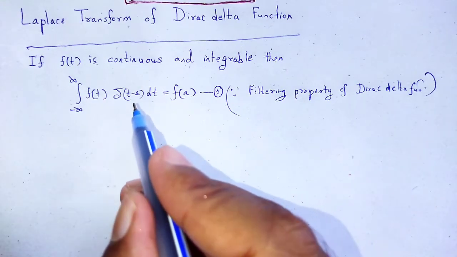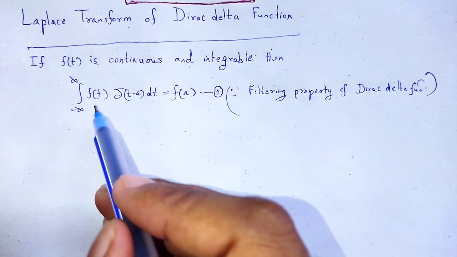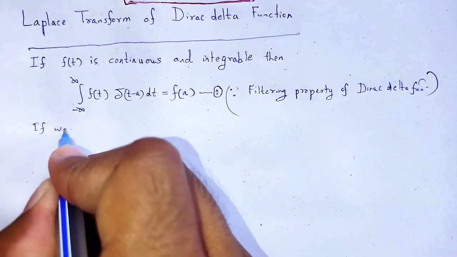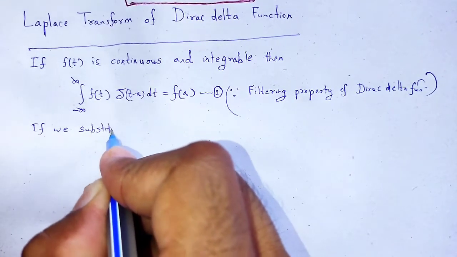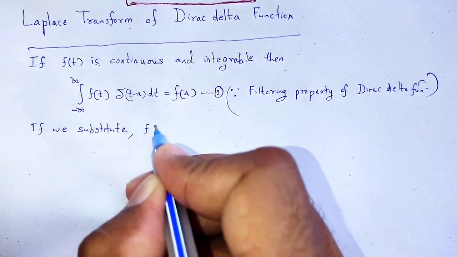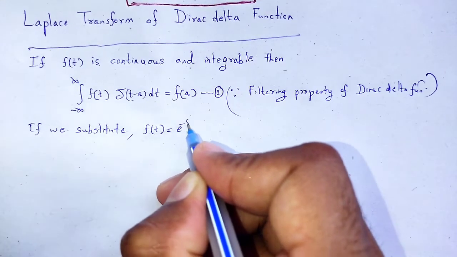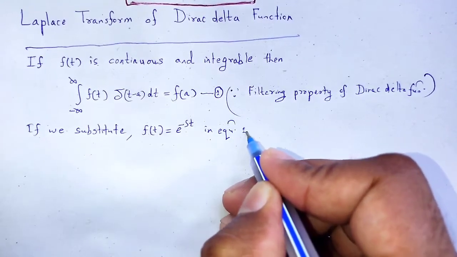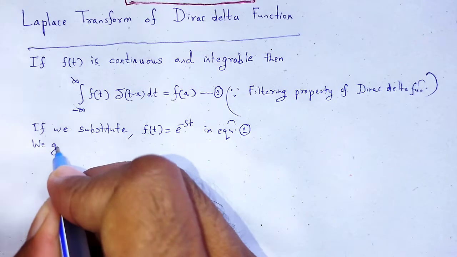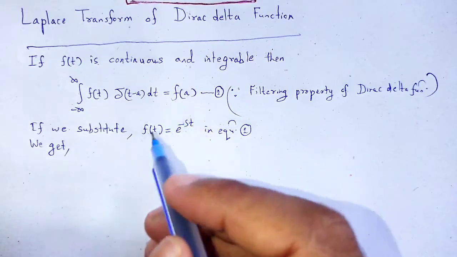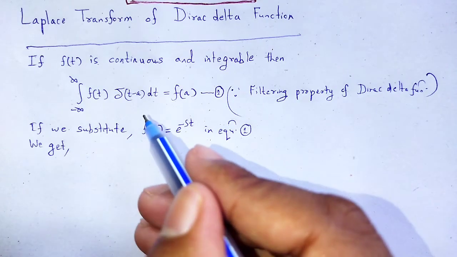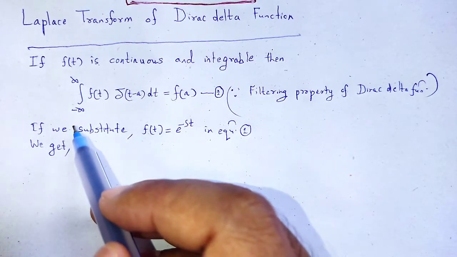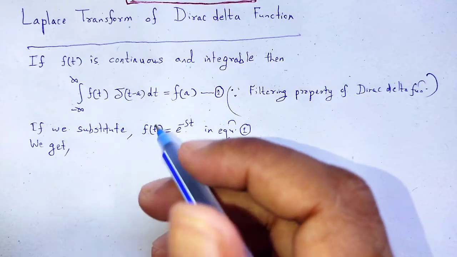If here we substitute f of t as e to the power minus st in equation 1, we get, similarly the limits also change as minus infinity to plus infinity changed as 0 to infinity.